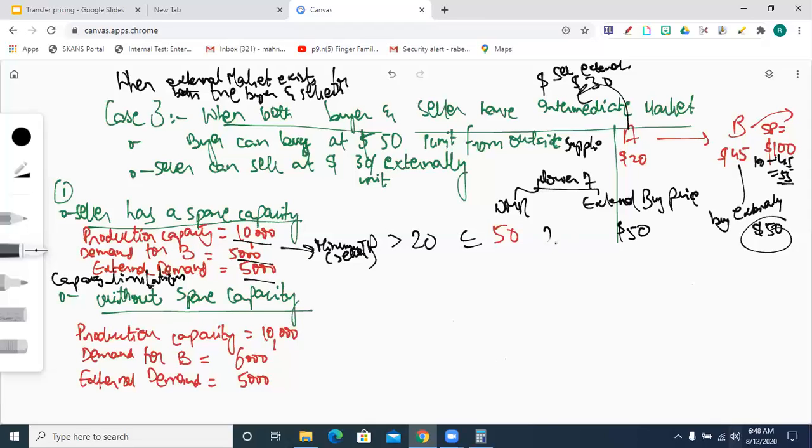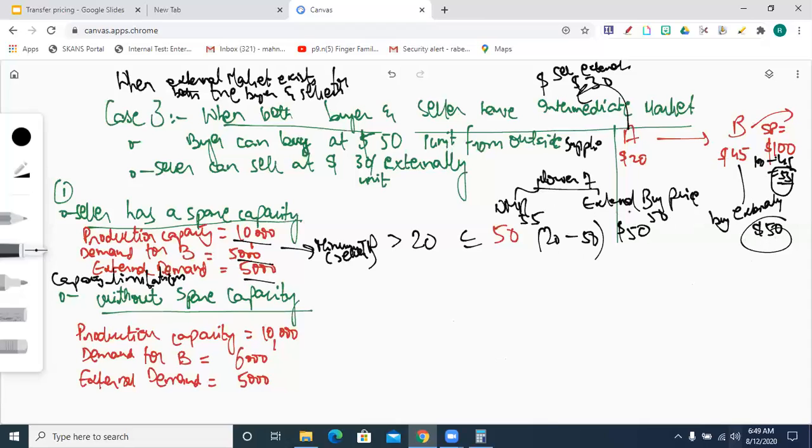So the ideal price would be somewhere between 20 and 50 in case there is an intermediate market, and the same material component is available in the external market and we could buy externally at 50. Earlier, the maximum he was able to pay when there was no external market was 55, but he has an option of 50.